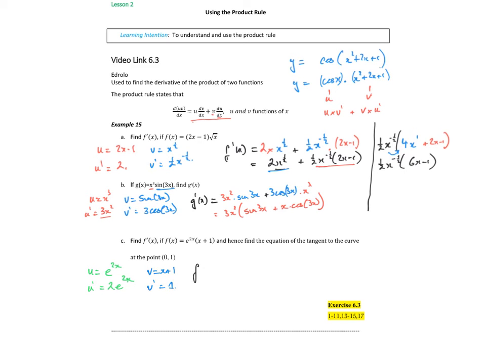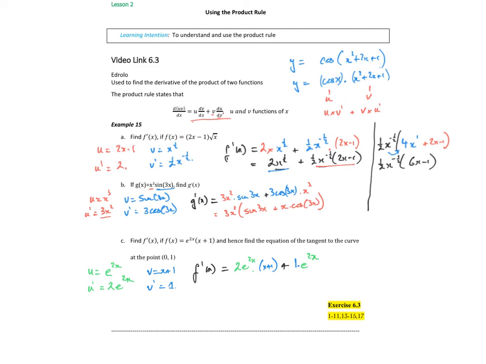So we've got f dashed of x is equal to the derivative of the first times the second, put brackets around, plus the derivative of the second, which is just 1, times the first.